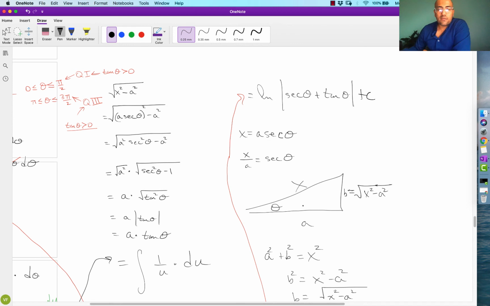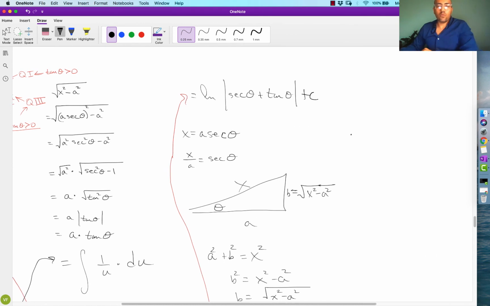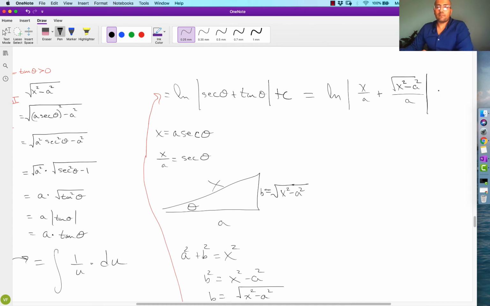So secant, as we said, is just x over a. And tangent is going to be opposite over adjacent. So we have everything we need to re-express this as ln of the absolute value of x over a plus the square root of x squared minus a squared all over a, plus some constant.